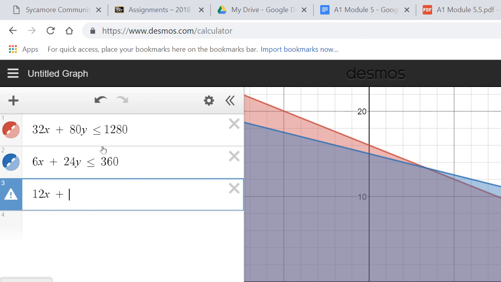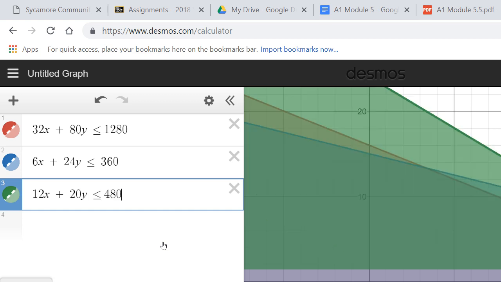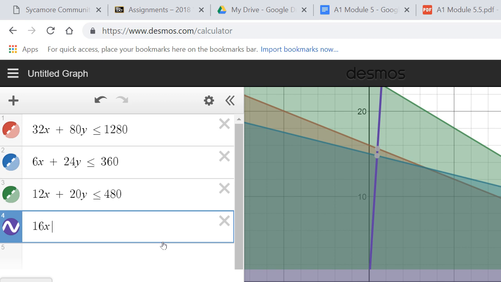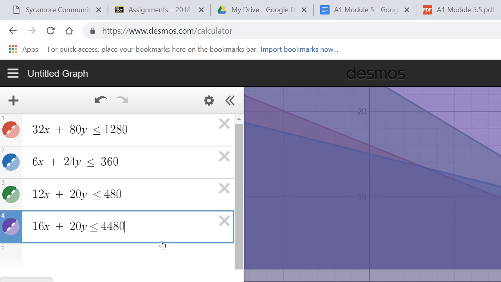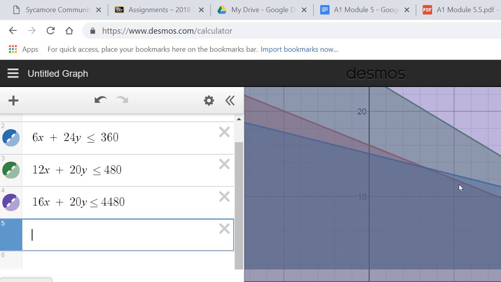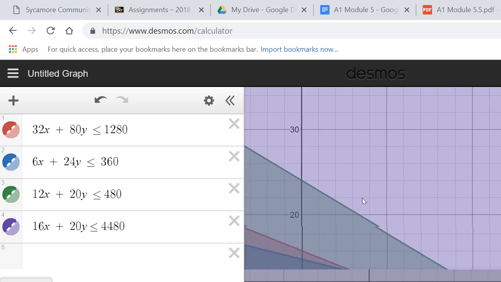Plus 20y, right? Yeah. And then on top of that, we're going to have 16x plus 20y is less than or equal to 480. And now you see all of our constraints.